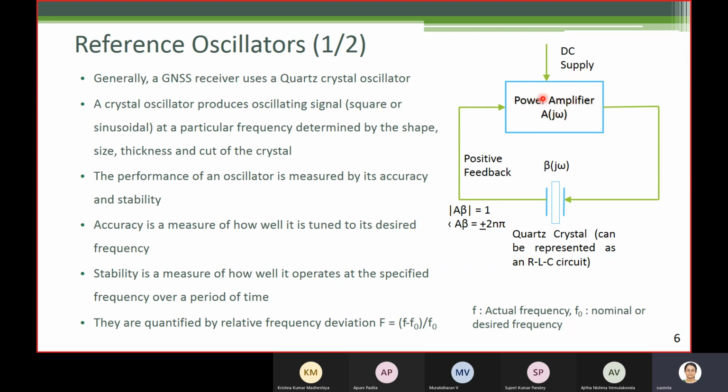Okay, it requires a DC power to operate the power amplifier. So, in a reference oscillator, there is a positive feedback control loop, and the primary components are the power amplifier in the forward path and a quartz crystal oscillator in the feedback path. There are other circuit elements as well for further processing, but we have not shown them. We have just shown the primary components to understand the operating principle.